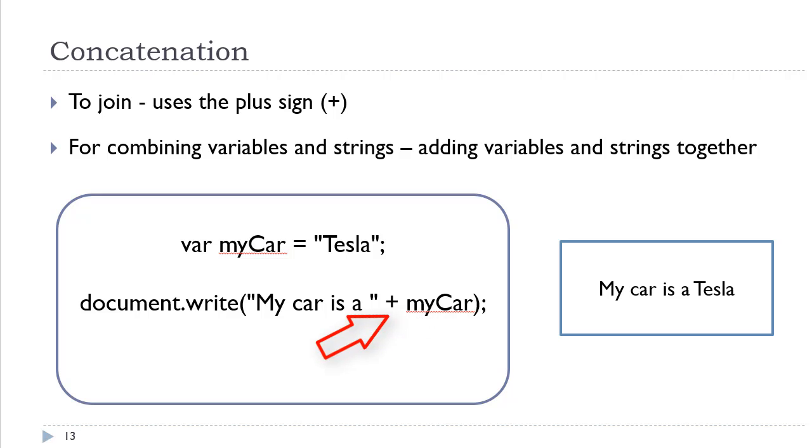I also need to leave an empty space inside the quotation, because if I don't, the letter A will merge with the value of the variable. So you always need to keep that in mind when you're combining strings and variables with respect to displaying it on the web page. You want to make sure that it looks like a complete sentence and your spacing is correct.